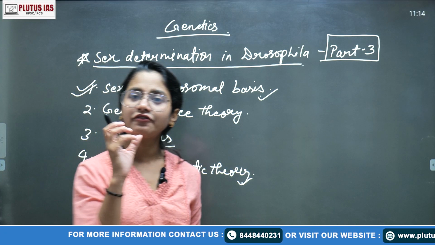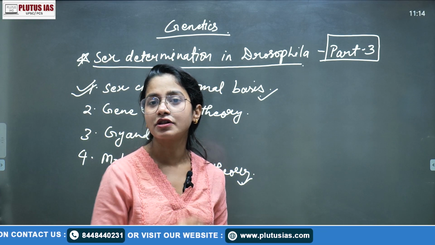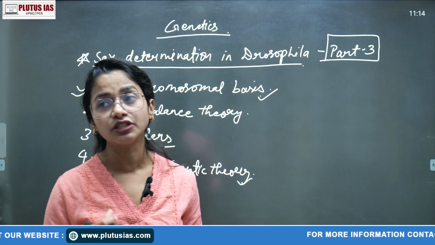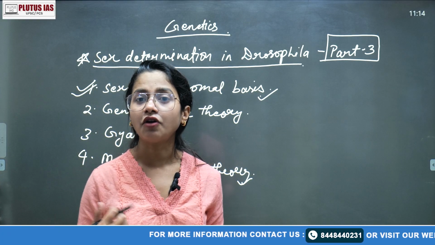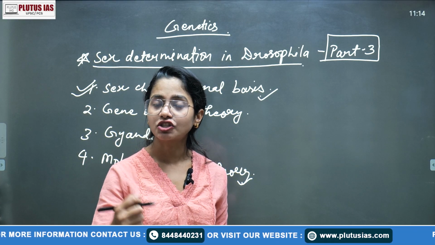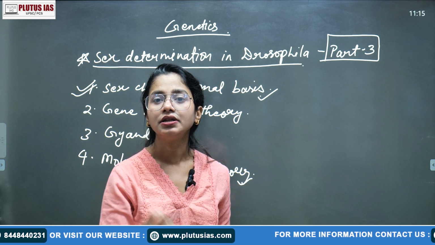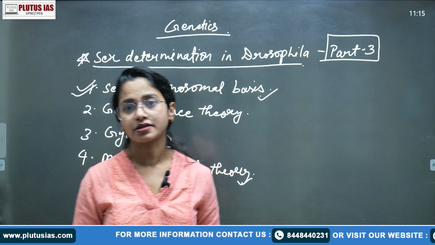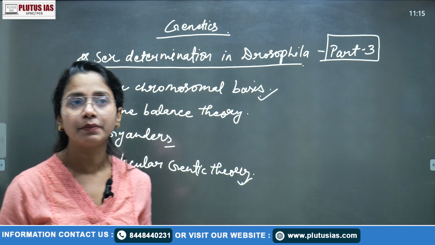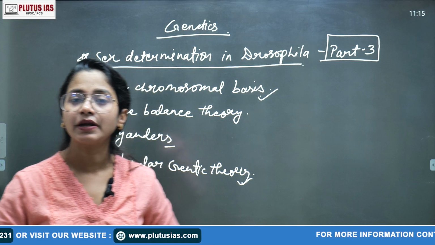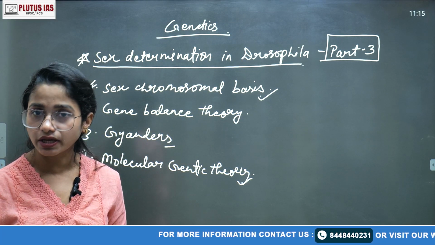So ultimately, at the molecular or gene level, DNA constitutes various types of genes, which help in determining specific characters, like those that help in the development of the primary and secondary sexual characters, right?